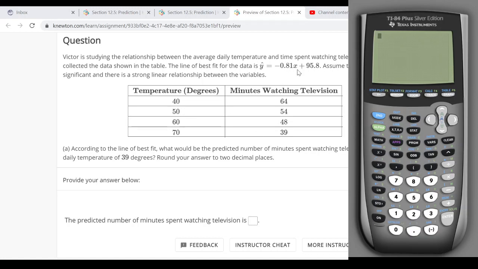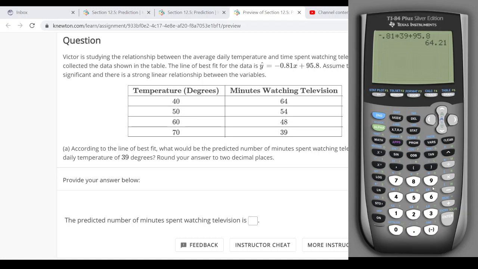I'm replacing the x in the linear equation, the best fit line, with 39. Right, x represents these average daily temperatures. So I go negative 0.81 times 39, right, x, and then plus 95.8. And we're getting approximately, 2 decimal places already there, 64.21 minutes watching television.